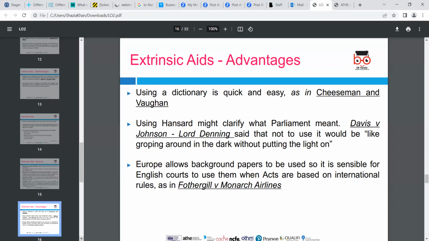This is the case of Davis v Johnson, where Lord Denning said that not to use it would be like groping around in the dark without putting the light on. Europe allows background papers to be used, so it is sensible for English courts to use them when acts are based on international rules, such as in the Fothergill case and Monarch Airlines.